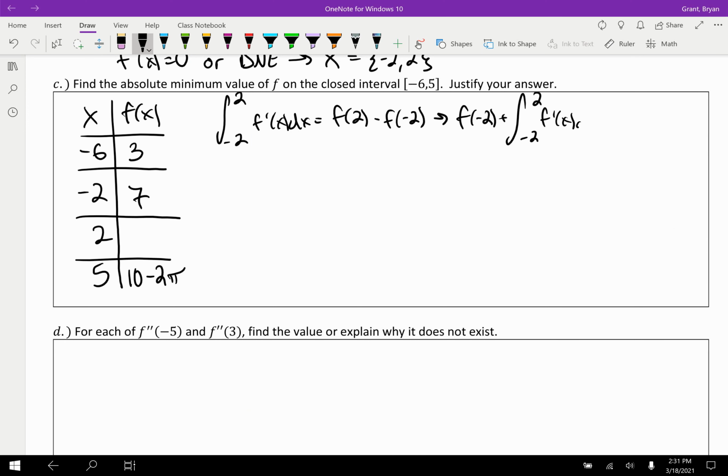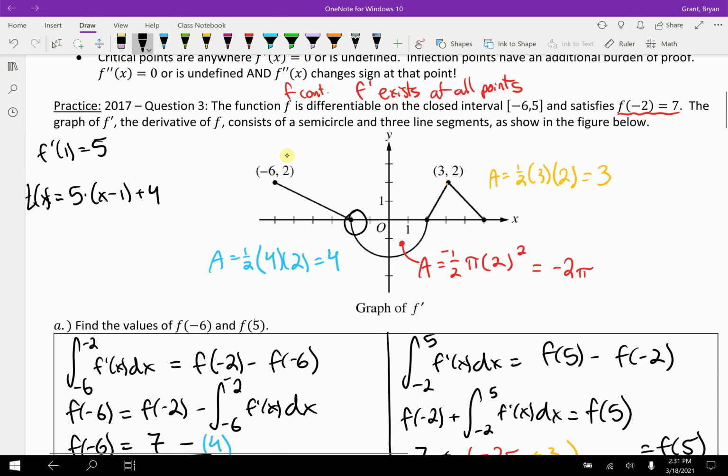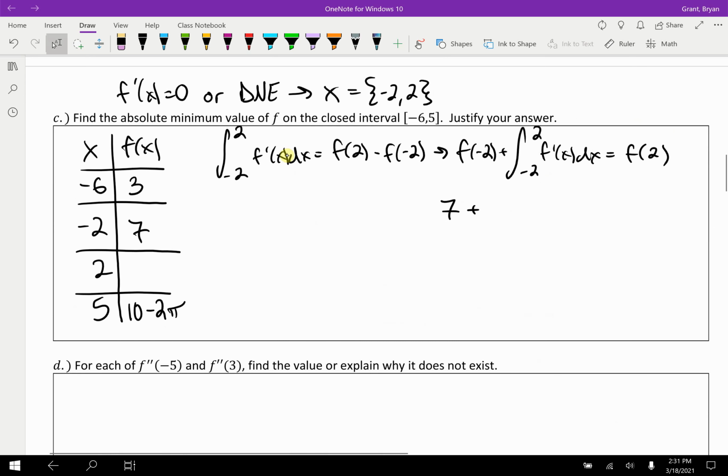Something like this equals f of 2. Excellent. f of negative 2 we know is 7. What about from negative 2 to 2? Well, negative 2 to 2 is an area, and oh look, we already found the area. It's negative 2 pi. That's exciting. So 7 plus negative 2 pi equals f of 2. 7 minus 2 pi. Pretty much done here.